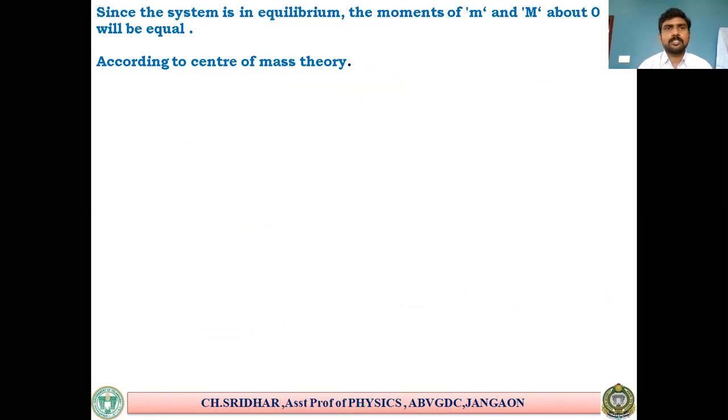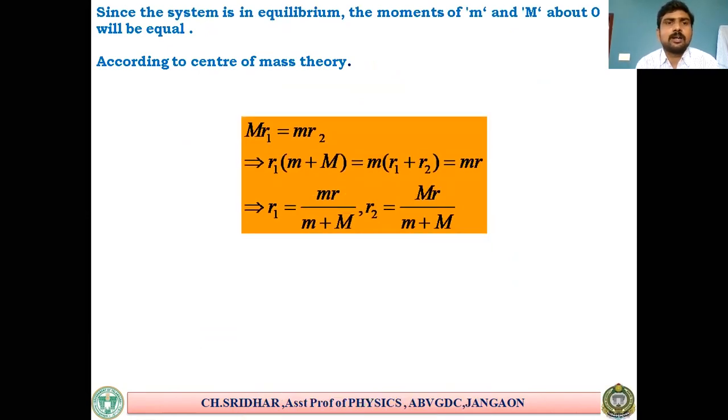Since the system is in equilibrium, the moments of small m and capital M about O will be equal. According to the center of mass theory, the moments of the masses will be equal. That is, capital M into R1 is equal to small m into R2, and R1 plus R2 is equal to small r.